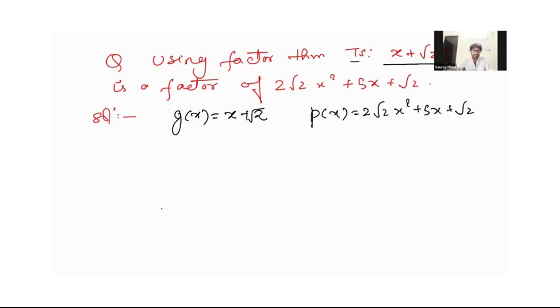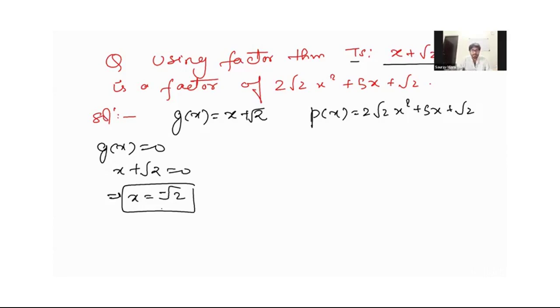Now we will put g of x equals 0, which implies x plus root 2 equals 0, so x equals minus root 2. We substitute minus root 2: 2 root 2 times minus root 2 square plus 5 times minus root 2 plus root 2.